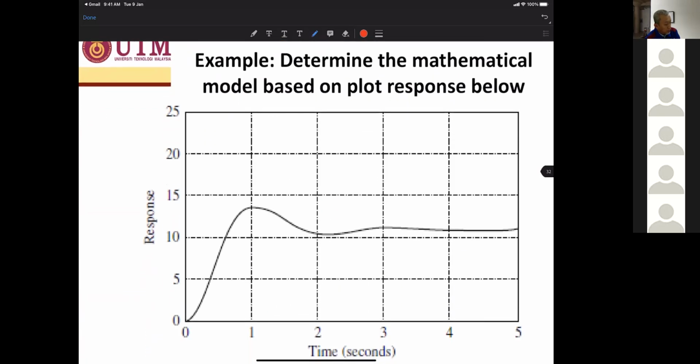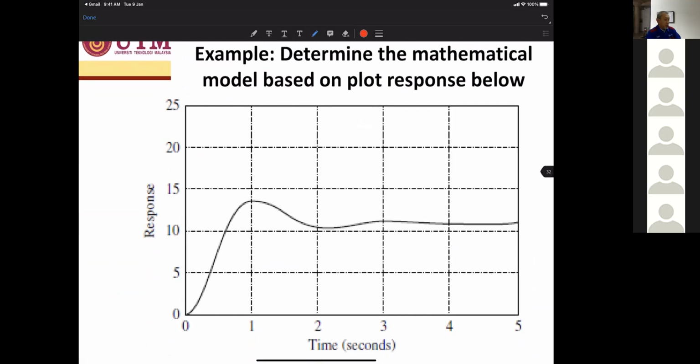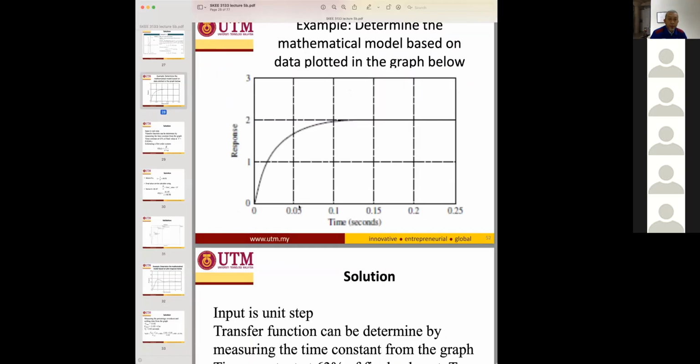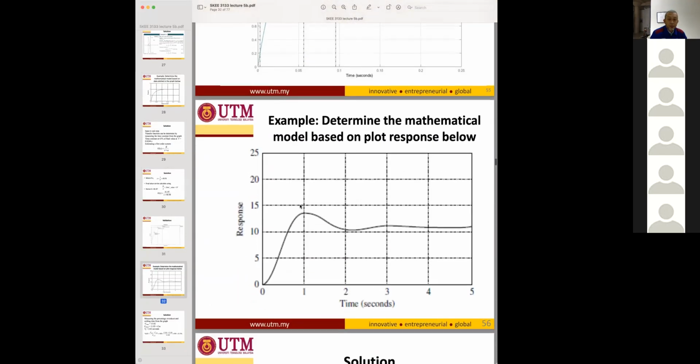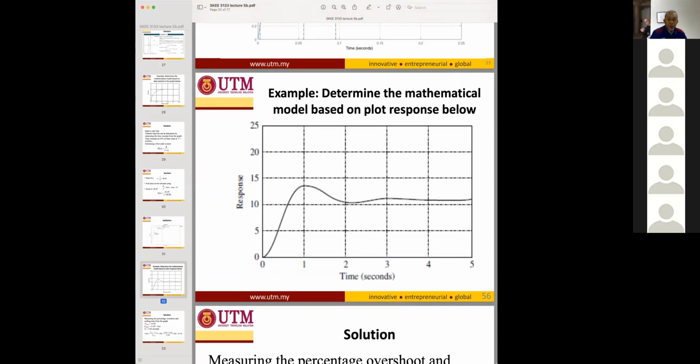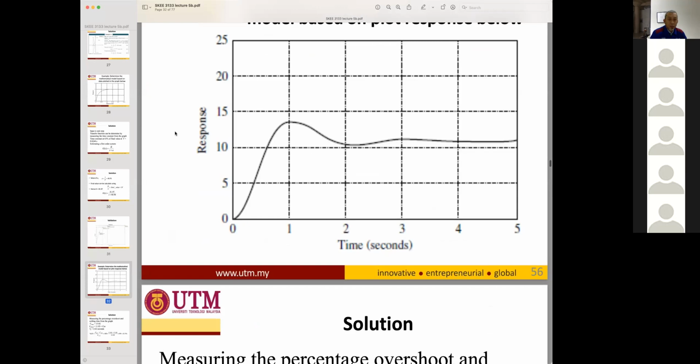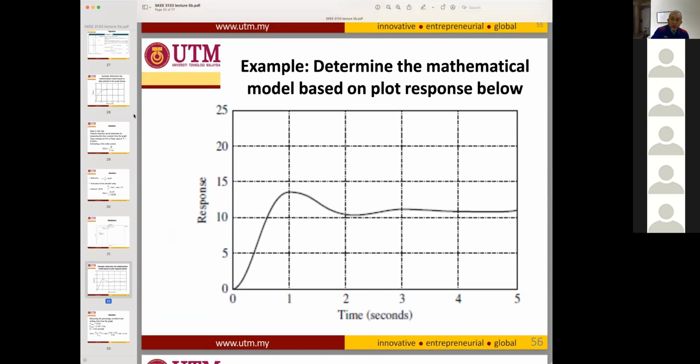Second example, you are given data which is shown here. From this data, you are required to find the estimated transfer function. From this graph, based on our knowledge, what do we observe?